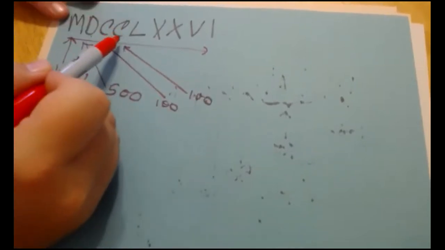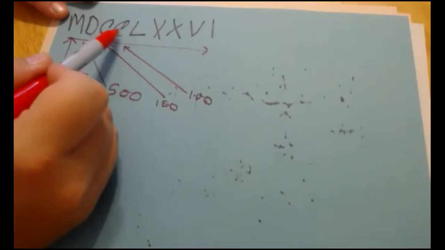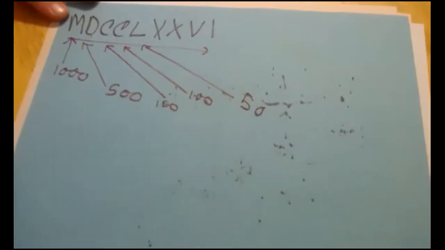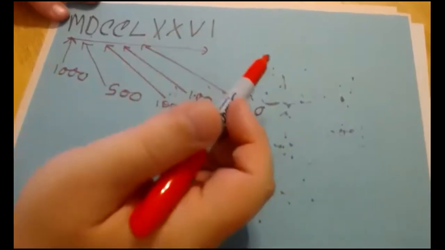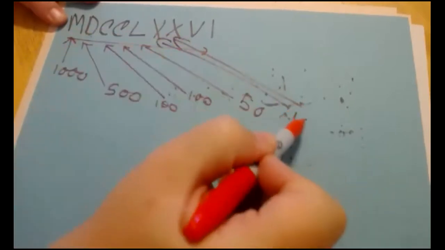Then, again, from 100 to 50, I have a downward, so that is just what you see there, 50. In fact, in this one, they all go down, don't they? There's no subtracting, which makes it a little easier. So the tens both are used. And then, of course, 5 and then 1.